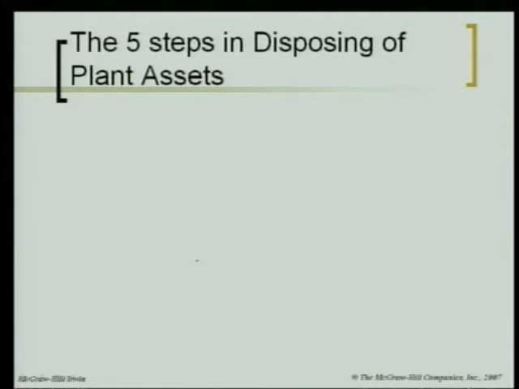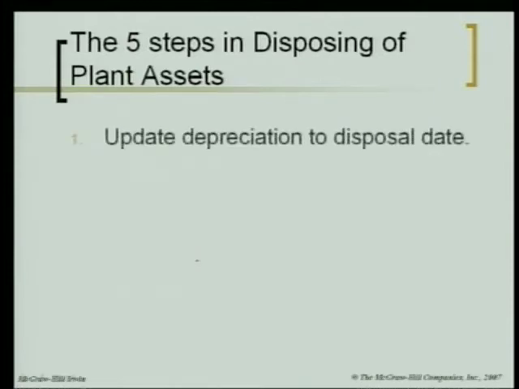The steps are, first of all, when you're going to dispose of an asset, the first thing that you need to do is update depreciation up to the disposal date. Okay? That usually will involve some sort of partial year depreciation. But let's say at the end of June, we're going to junk an asset that we've had.